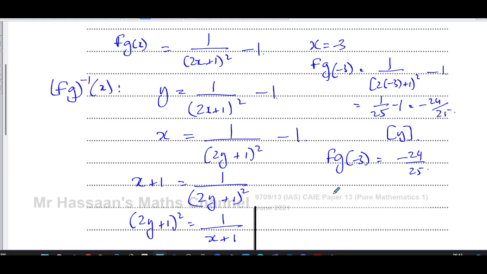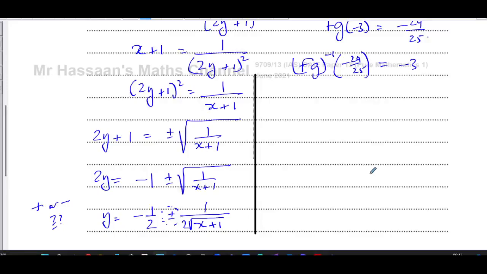If I have the correct inverse, when I put negative 24 over 25 inside the inverse function, the function should be undone, and what should come out is the original input. Putting minus 24 over 25 inside the inverse will basically undo the function and give you back the input that you originally had.